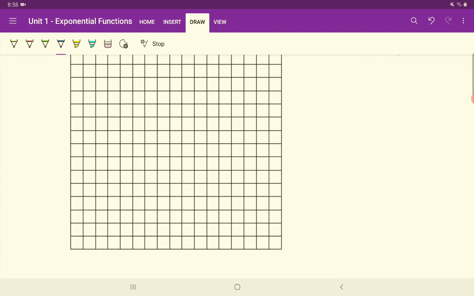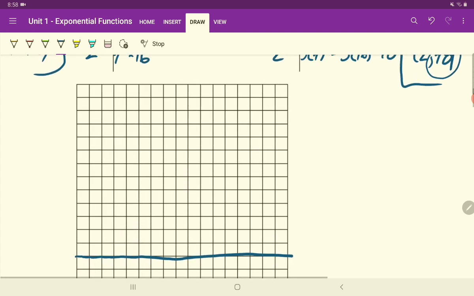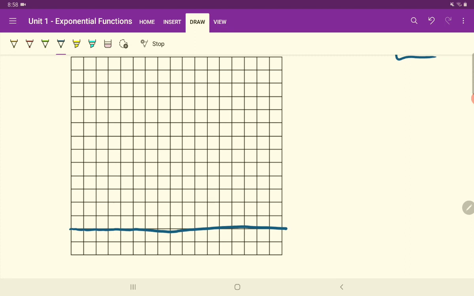I'm going to draw, as best as I can, a straight line here. Okay, I don't have a ruler function here, so it's not going to be the best line. This is going to be my x-axis. This is my y-axis.